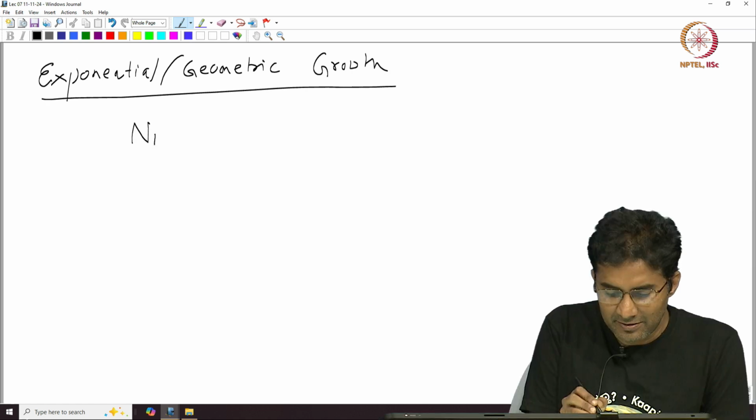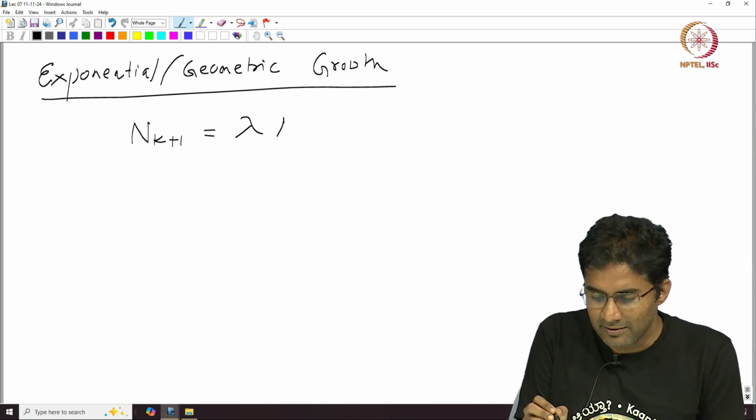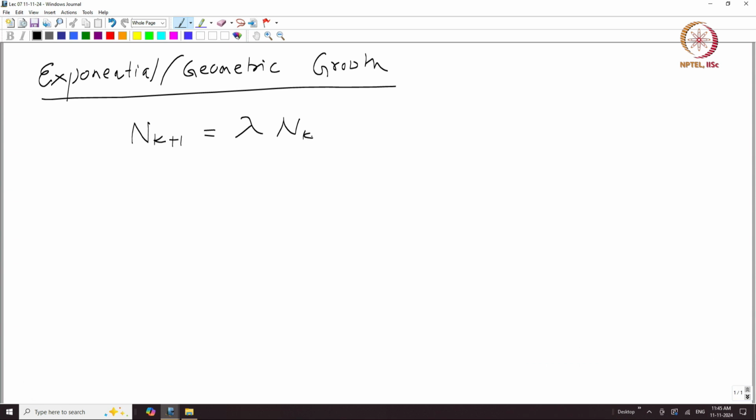The population at the next generation was basically lambda times the population at the previous generation. So what was this lambda?